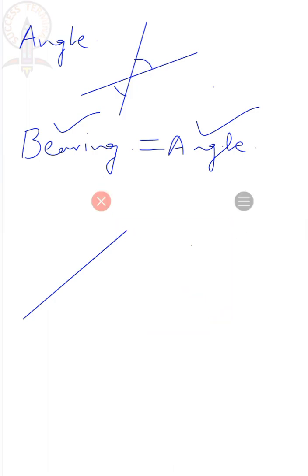Let's name the points A, B, C. If we extend the line AB, it will continue in this way.